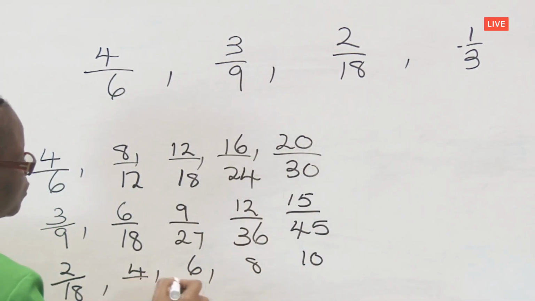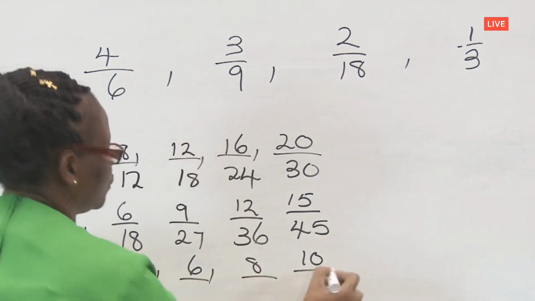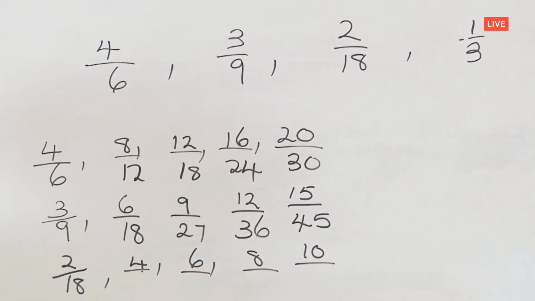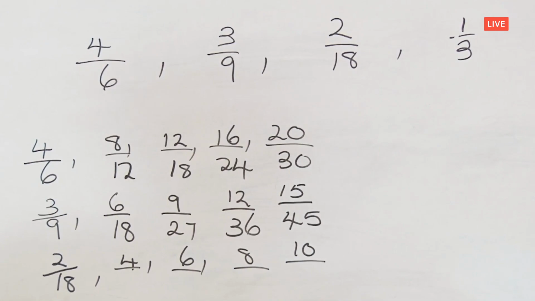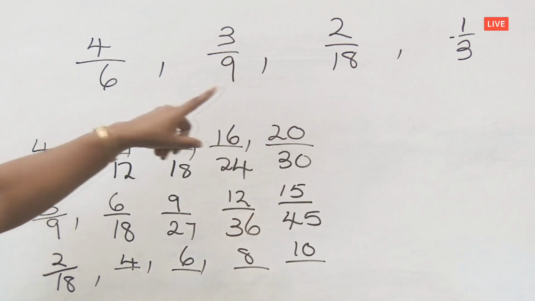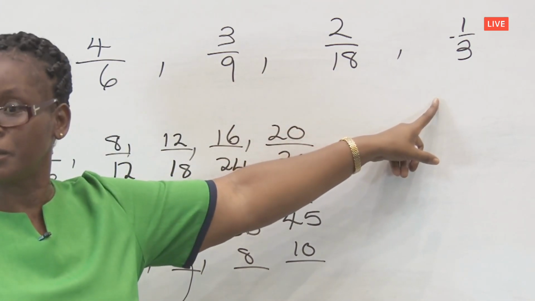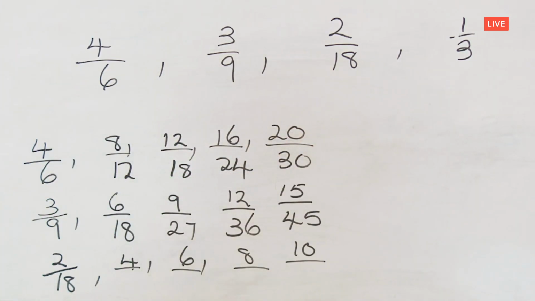Okay, so we generate our numerator. 2, 4, 6, 8, 10. Now we are going to generate our denominator. What you say not to do anymore? Okay.